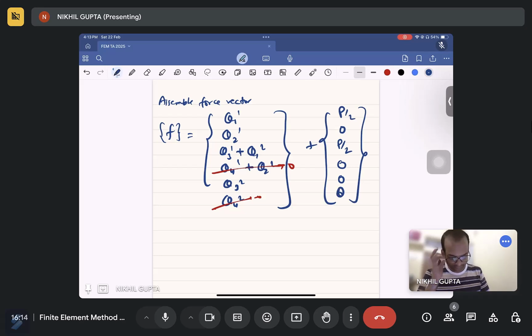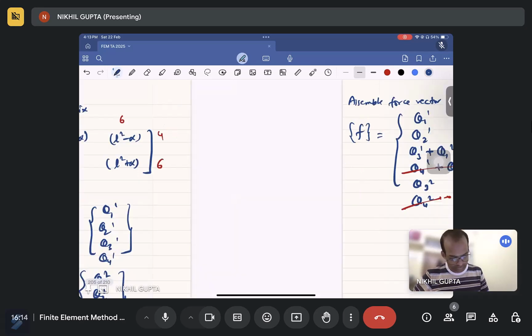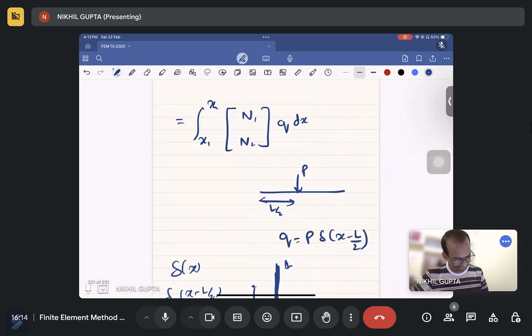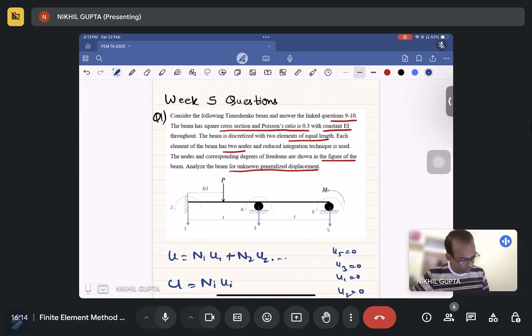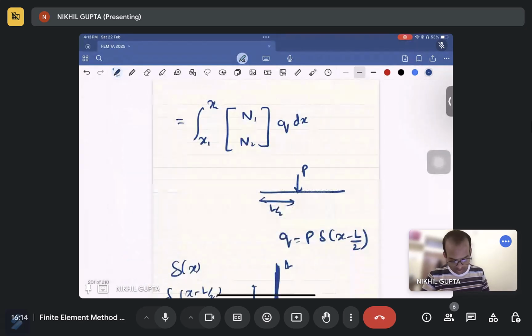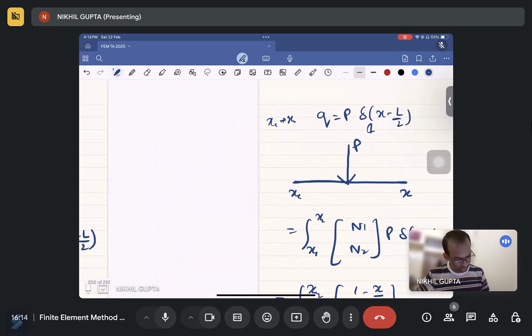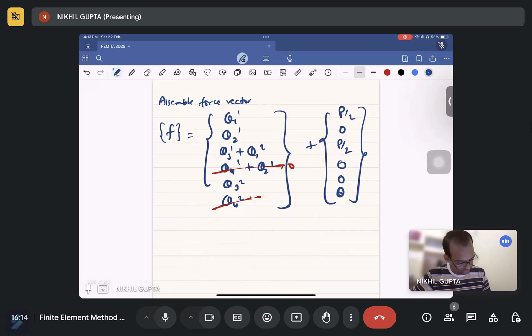If you see the problem, a moment is given here. So Q6 is M. Should it be Q6 or Q4? Sorry, this is not 0 actually. This is equal to M. It is given.